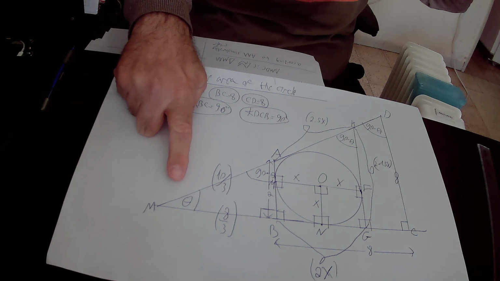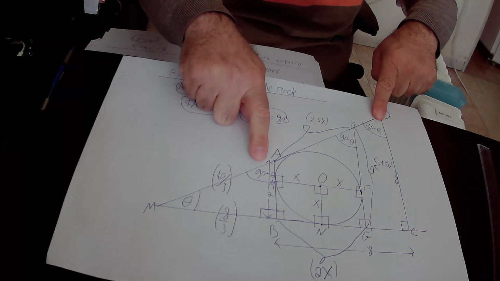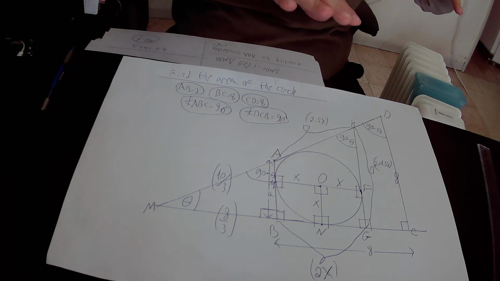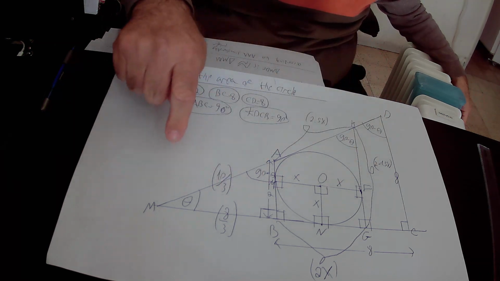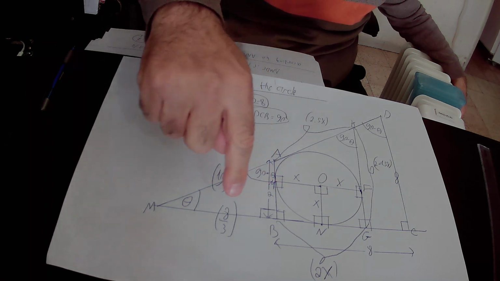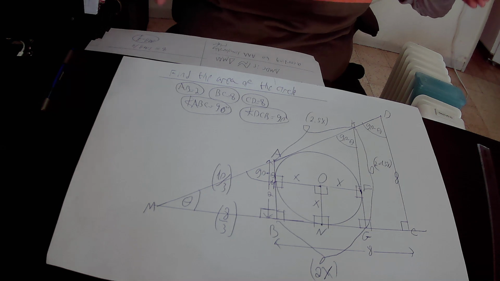And finally, those two angles are both equal to 90 degrees minus theta. So all three angles of the big triangle DCM are correspondingly equal to all three angles of the small triangle ABM. Therefore, the two right triangles are similar according to the angle similarity rule.